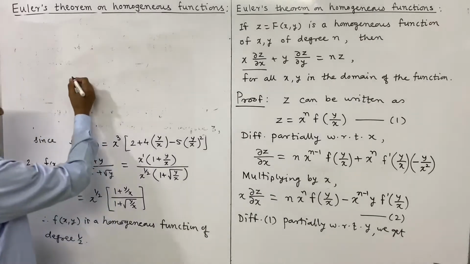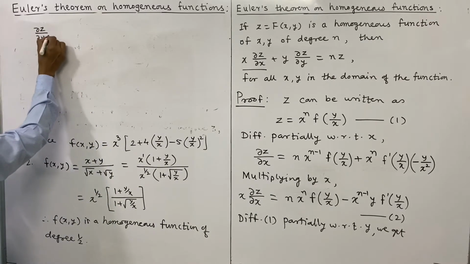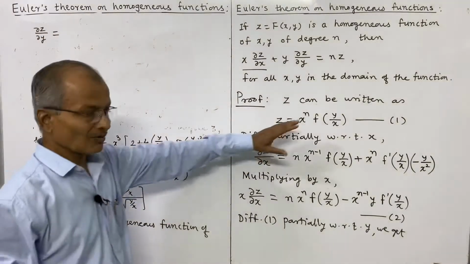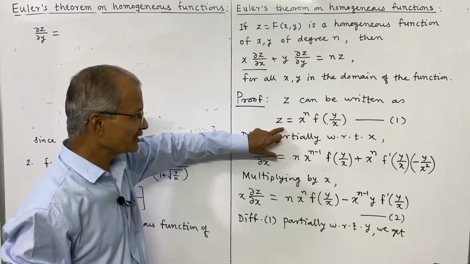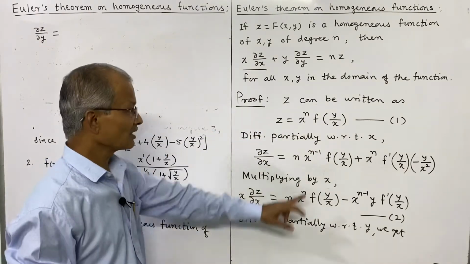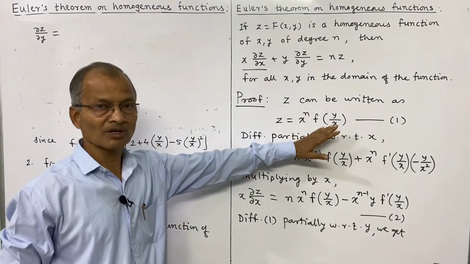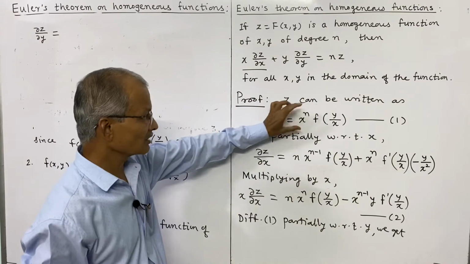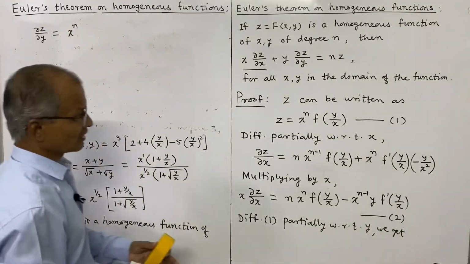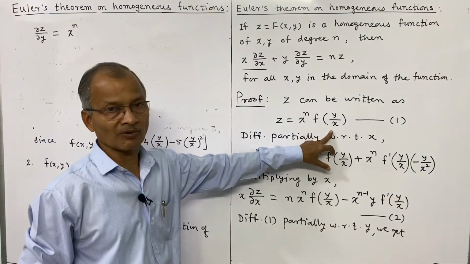I shall write here the partial derivative of z with respect to y, and that is equal to, now you observe when we differentiate z partially with respect to y, x is to be treated as constant. So that means x power n remains constant. There is no need to use the product rule now. This is a constant term and that remains as it is. Only we need to differentiate f of y upon x with respect to y.